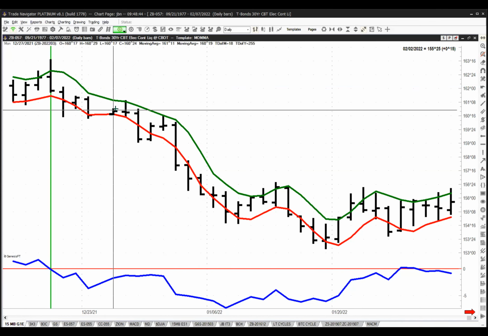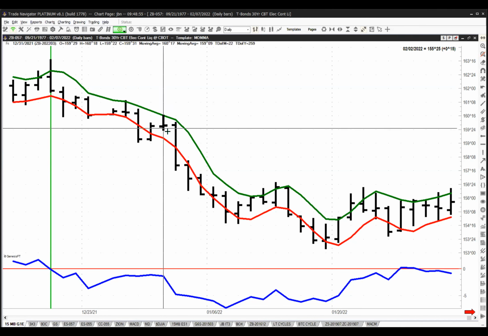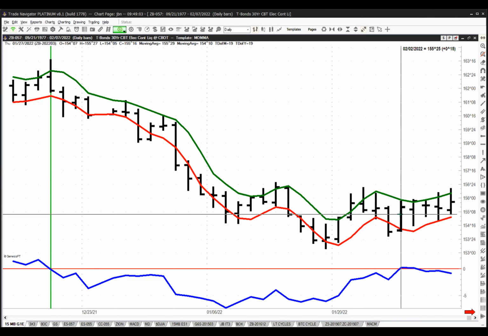Every time we came up to the top of the channel, we came down again. So every one of these was sell, cover, short, and repeat. And here it turns bullish and we reverse the process.